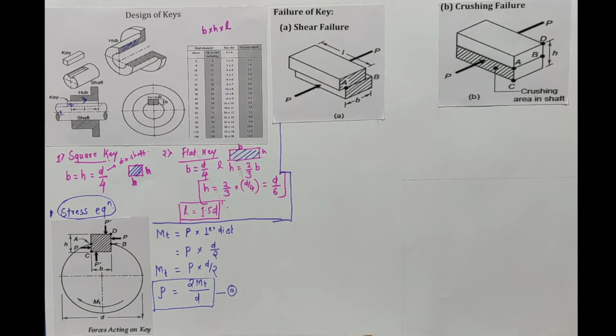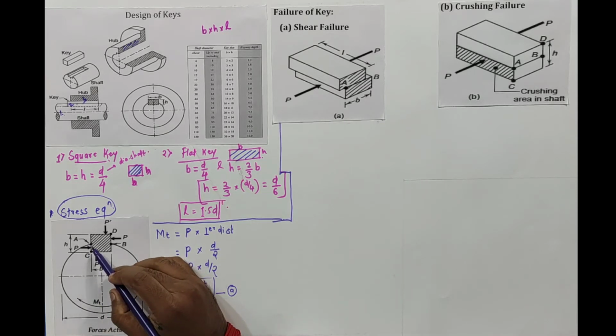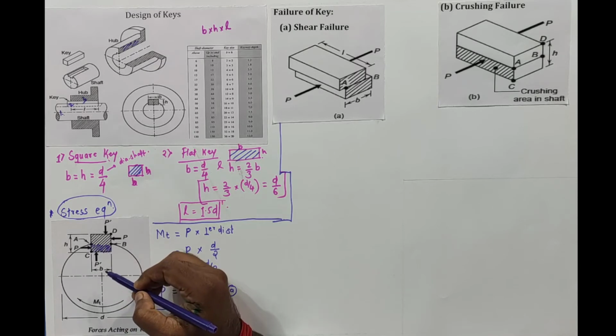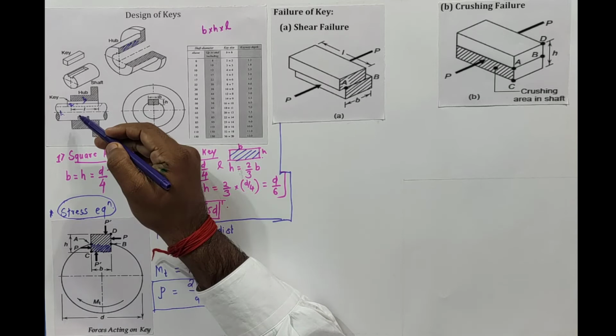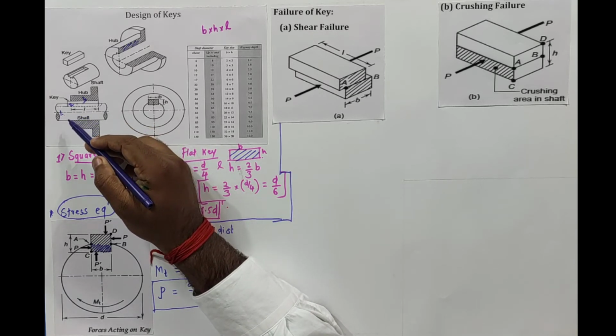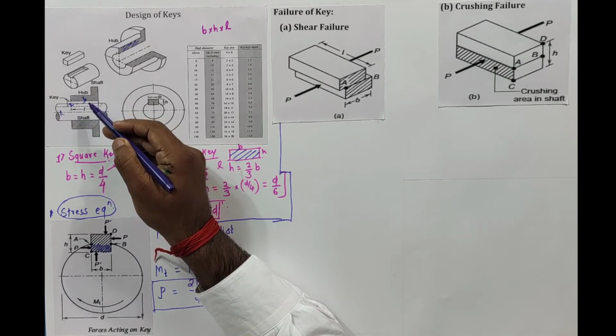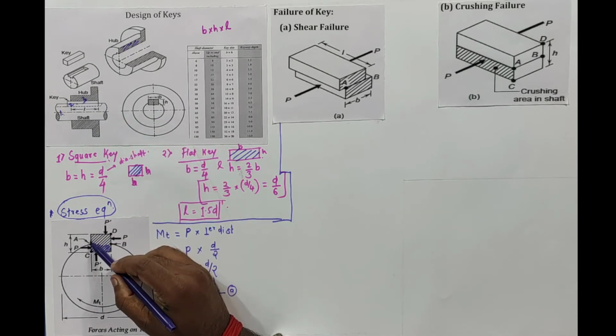In case of the second type, you can see the crushing failure. How will crushing occur? Now this is the area, bottom side, which is included in the shaft, and the upper side is included in the top side. While moving the torque from shaft to key to hub, there might be chances of more force acting at the top surface.